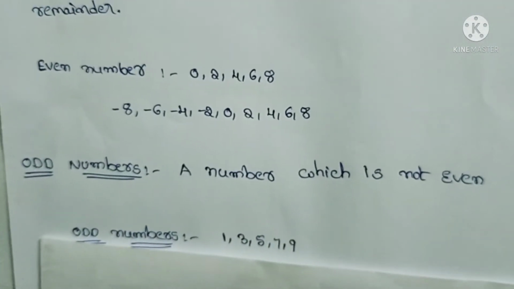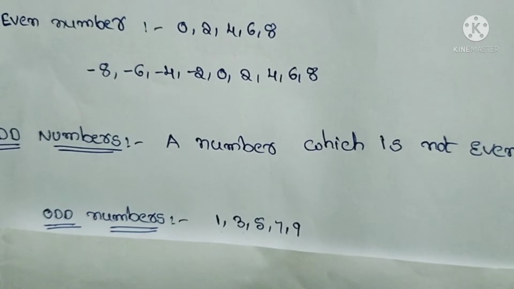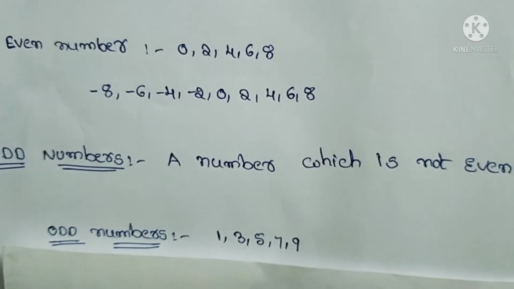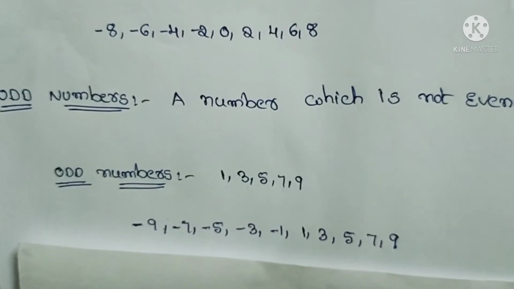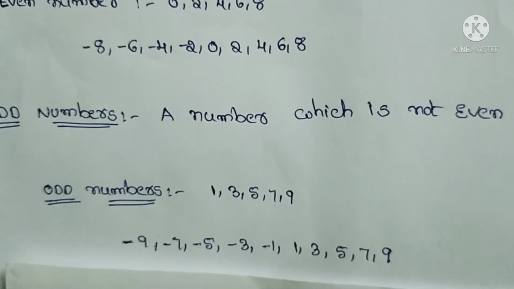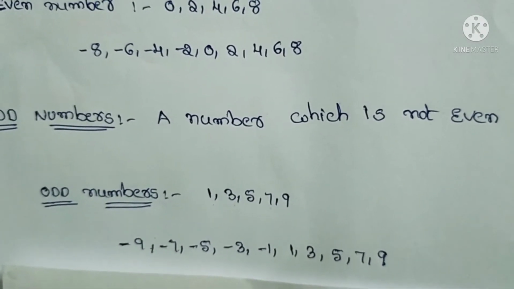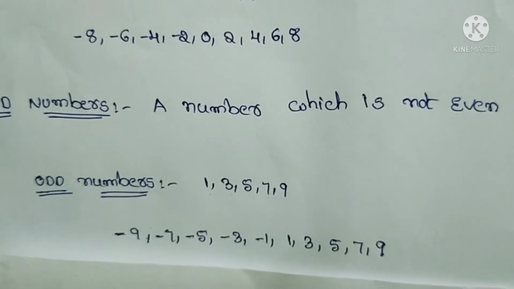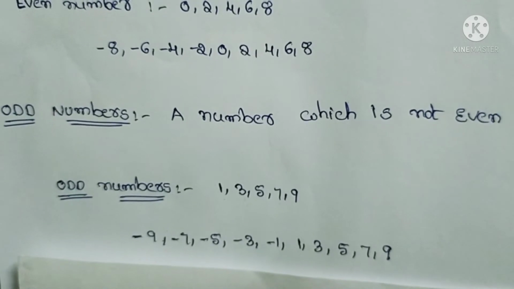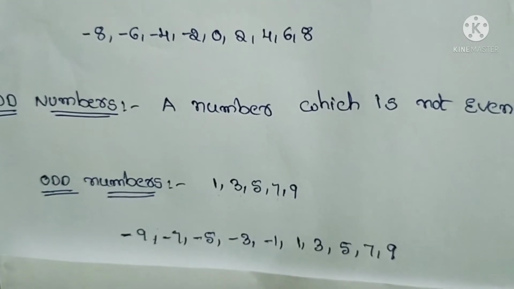If we include the negative numbers, the odd numbers are -9, -7, -5, -3, -1, 1, 3, 5, 7, 9.